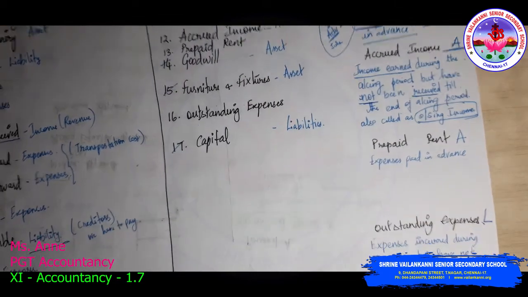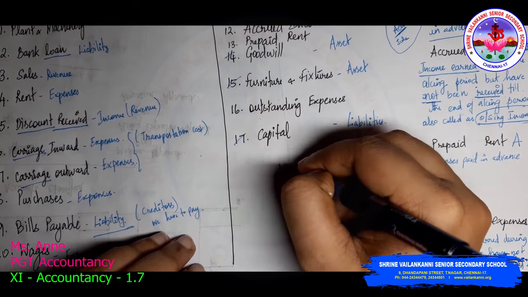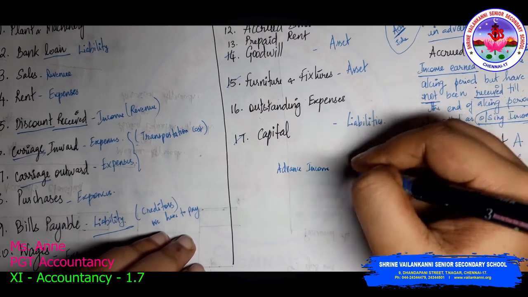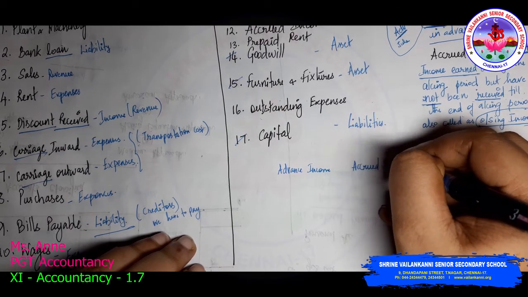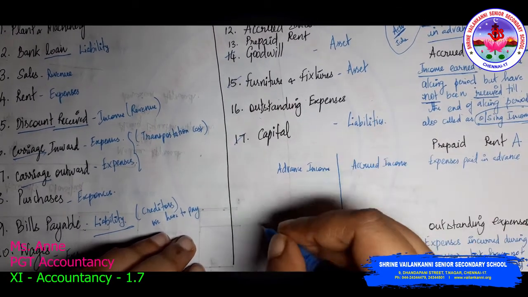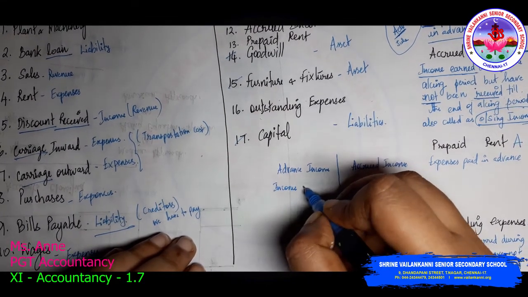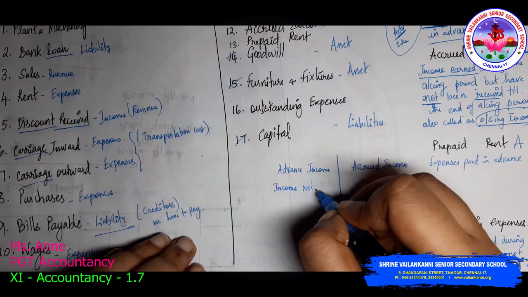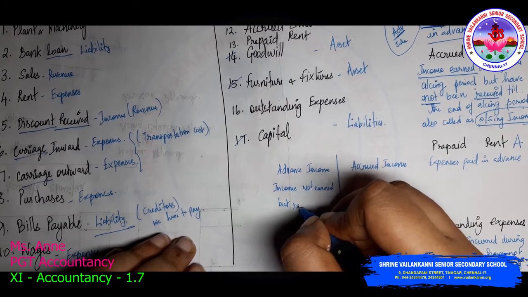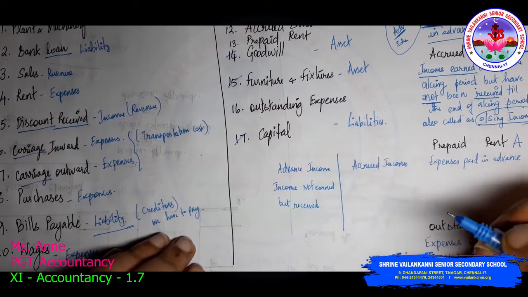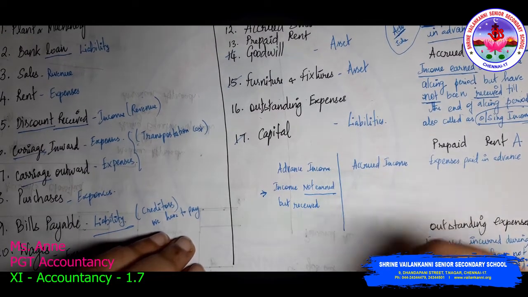So we just learned two terms, advance income and accrued income. Advance income is income not earned but received by you.